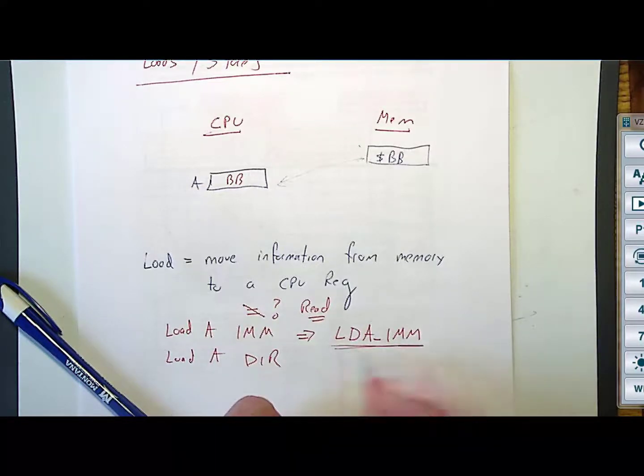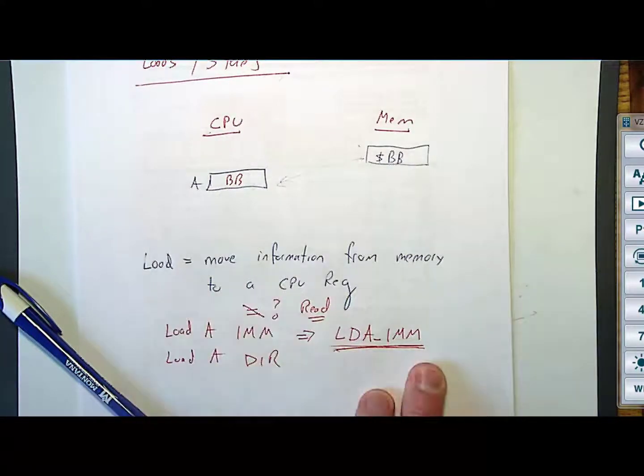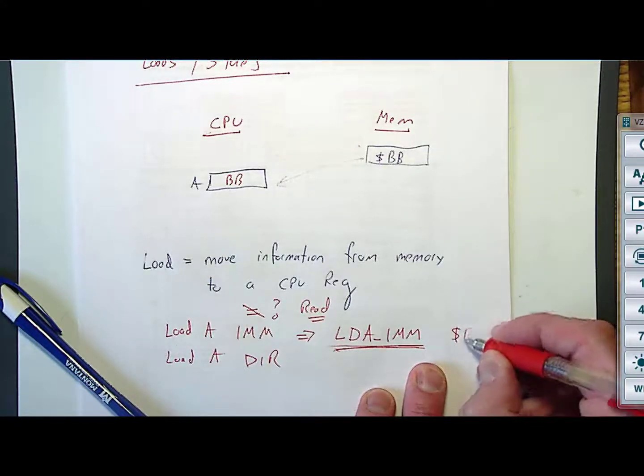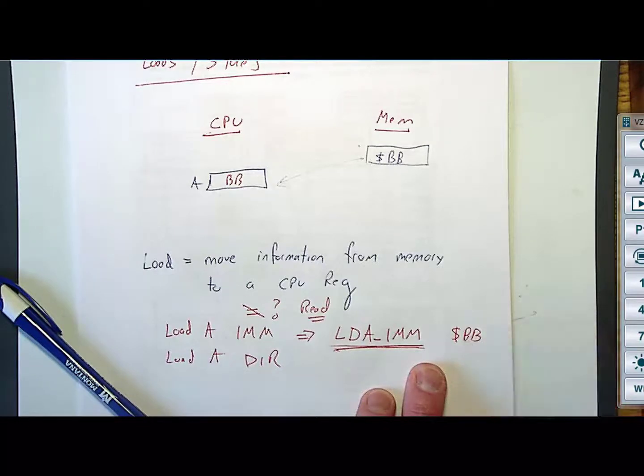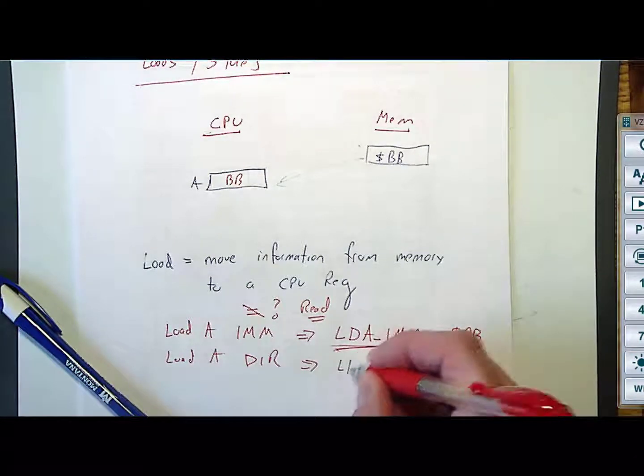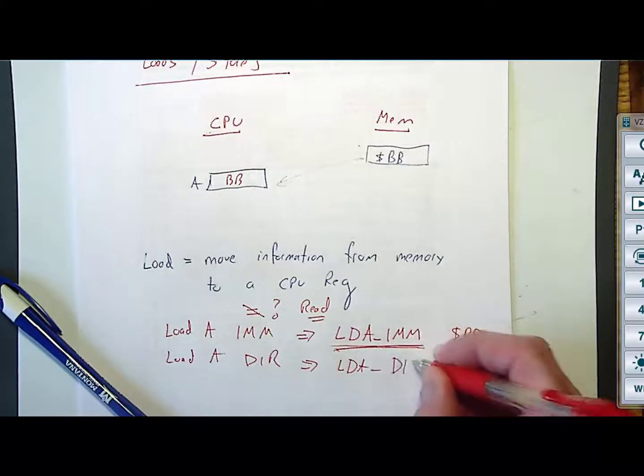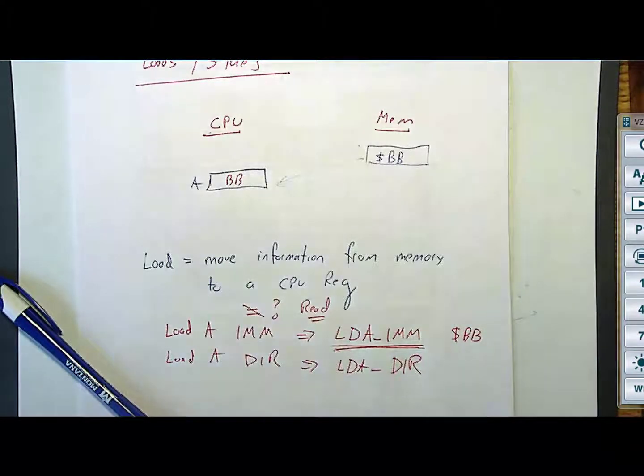All I've done is create this thing for the opcode. Do I also have an operand? The answer is yes, because I'm going to provide the data that will go into the register. So I might also have in there something like BB. Okay? Let's make a mnemonic for our direct buddy too, and let's go LDA underscore direct. And, okay, life is so good. And in this situation, do I need an operand?